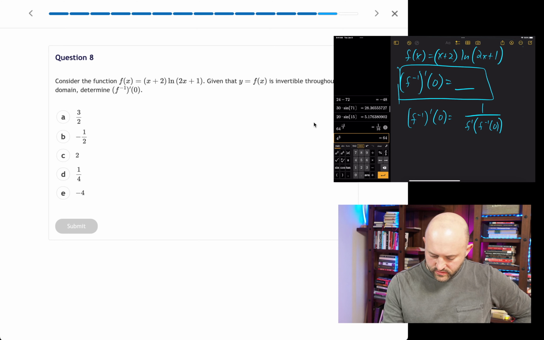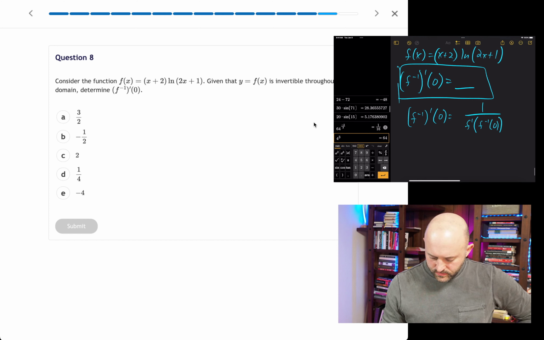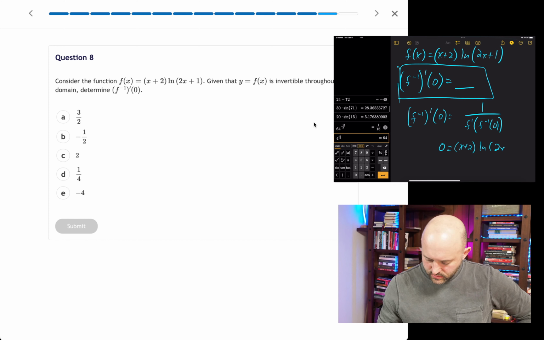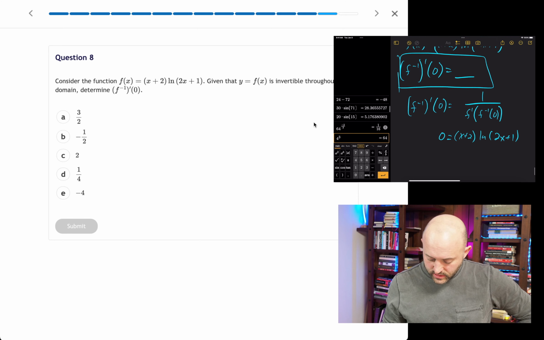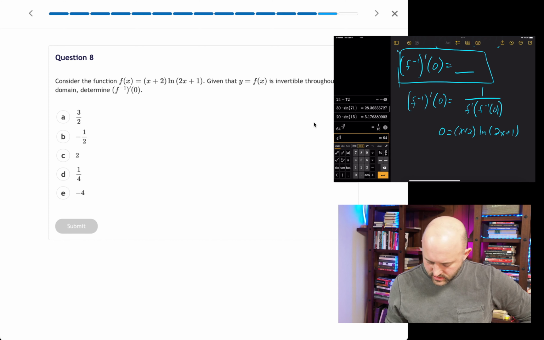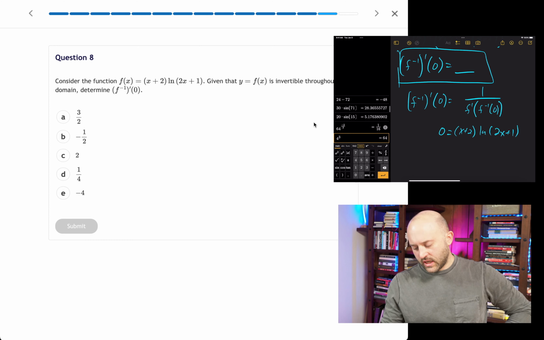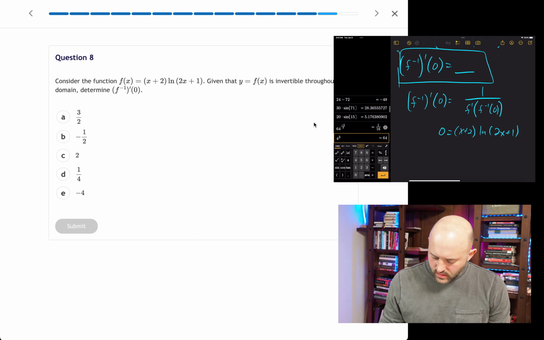Okay, we have f of x, and so we need to say, what is f inverse of 0, which means 0 equals (x plus 2) natural log of 2x plus 1, so this is what x gives us the output of 0, which means the inverse function of 0 gives us that x. Okay.